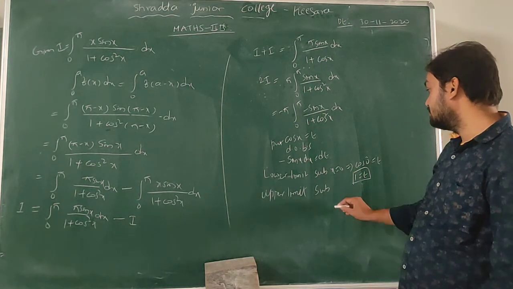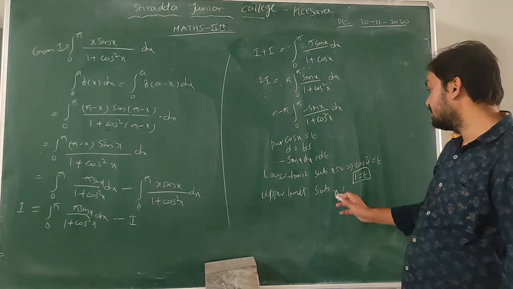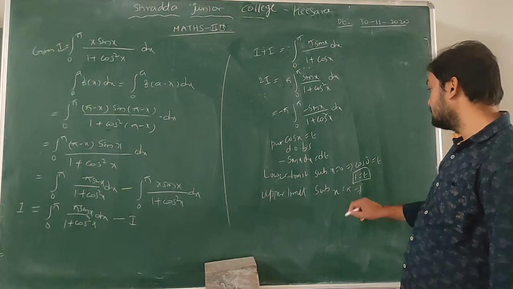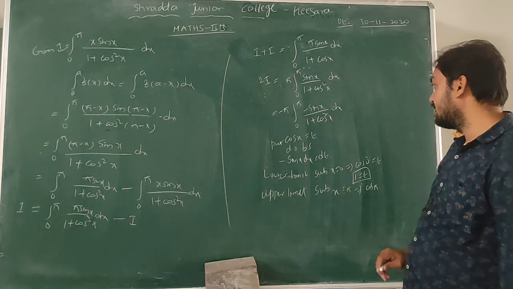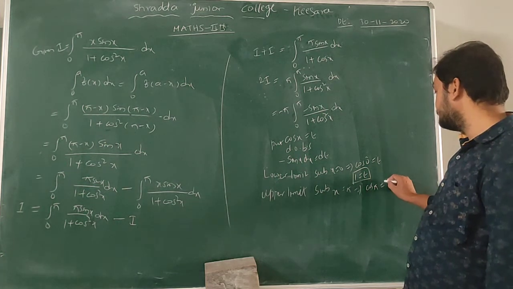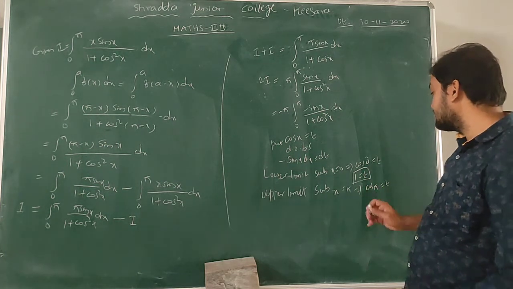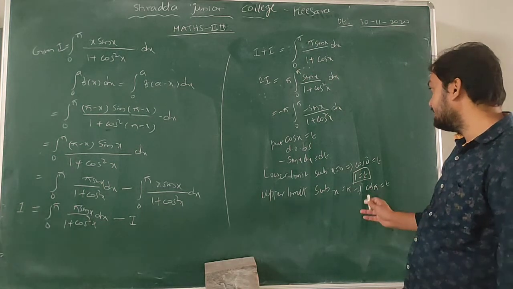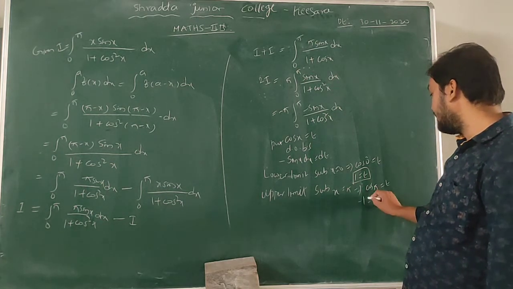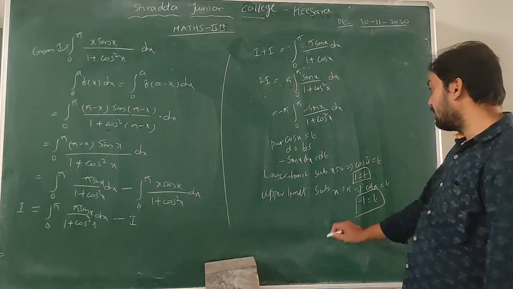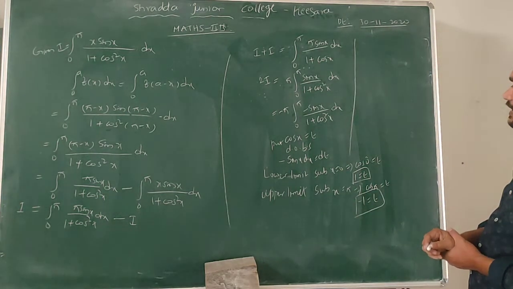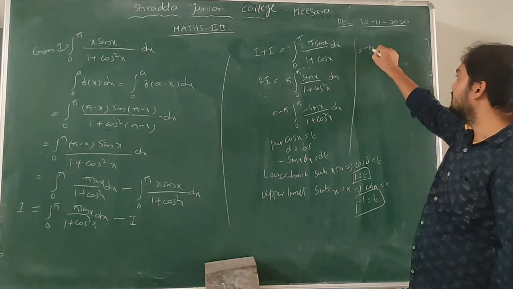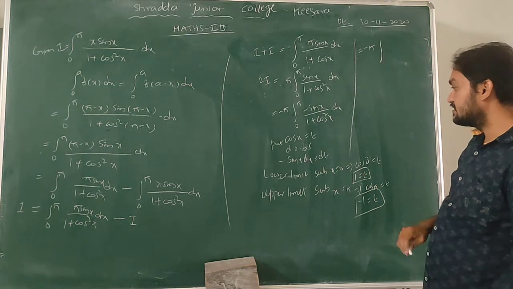Now substitute x equals pi. So then what we are getting here? Cos pi equals t. What is cos pi? That is cos 180 degrees, that equals what? Minus 1. This is the upper limit.